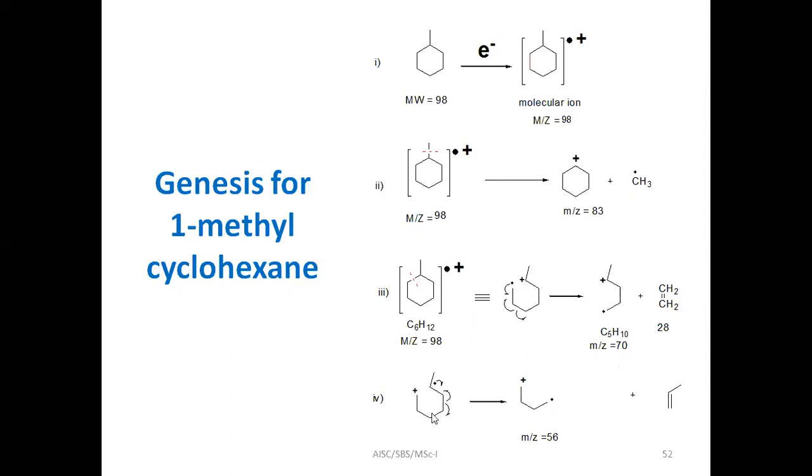Then the reverse way one can show like this. Breaking up this molecular ion in this way, positive goes to this carbon, and the dot goes to the methyl-substituted carbon. Then breaking off the side CH2CH2, here propene is formed, and making this plus dot, you get mass m/z for this as 56.